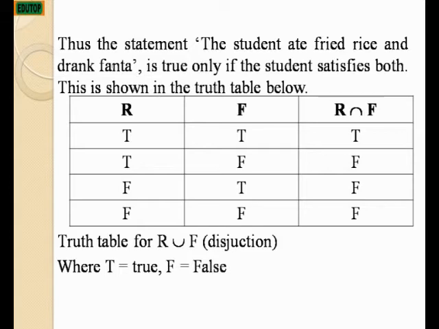So it's false. The table that we just explained is the truth table for R intersection F, which is our conjunction, where T is true and F is false.